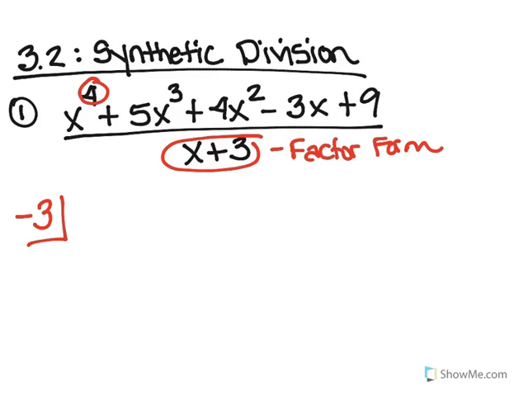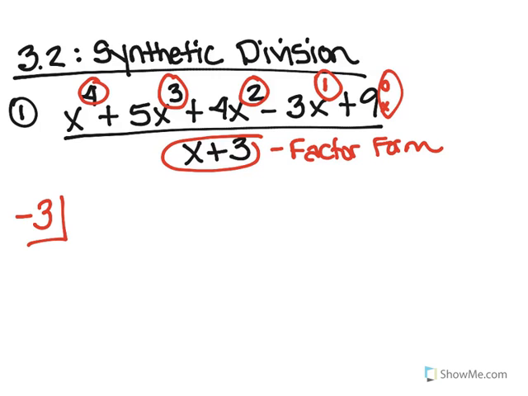If I was missing a term, I would need to substitute a 0 as a holding spot for that missing term. I go from fourth degree to third degree to second degree to understood 1 degree to no degree because there's no x on the last term. So I am in descending order.